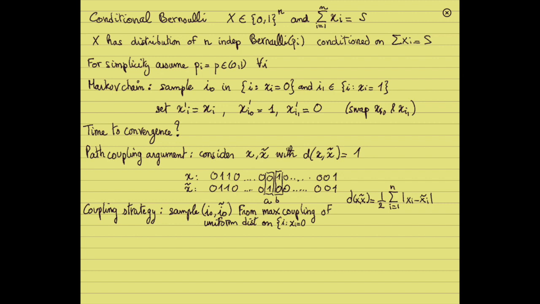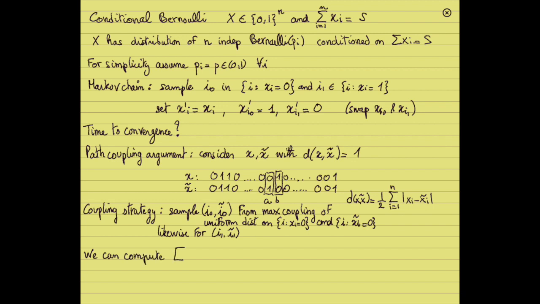Using a max coupling simply means we want to maximize the probability of selecting I0 equal to I tilde 0. And likewise for I1, I tilde 1, we can try to maximize the probability of selecting the same index. And then we swap on the x and on the x tilde chains.